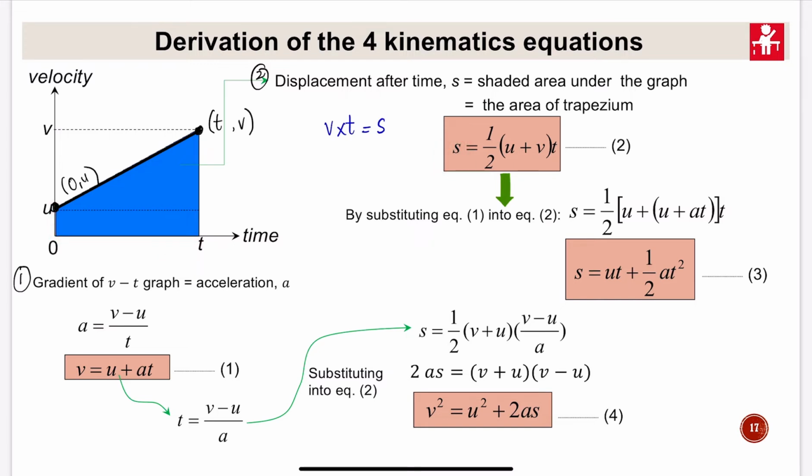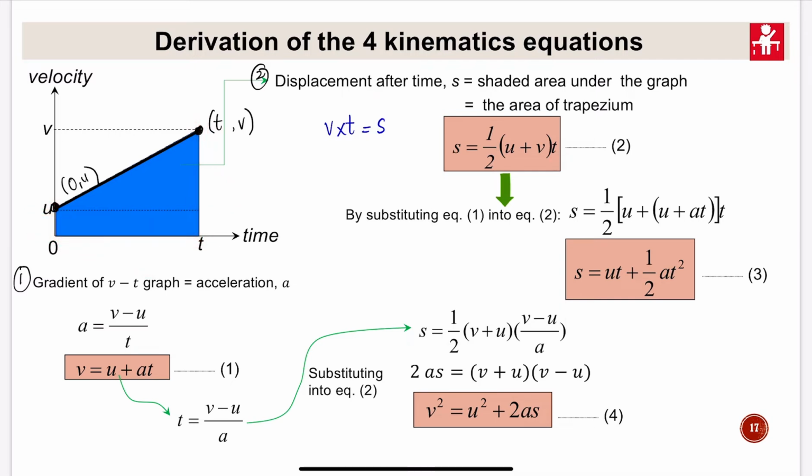Okay, so ingatkan formula trapezium, it is half times the parallel lines. Here are the parallel lines of the trapezium. So it has u for the first side and v for the second side, times the height of the trapezium, which is t.